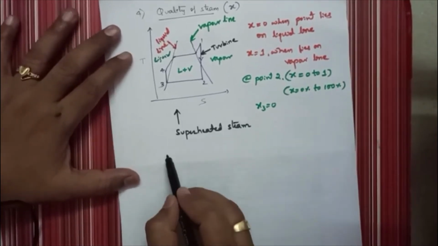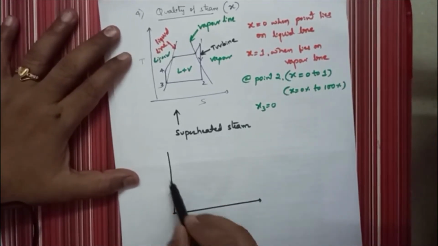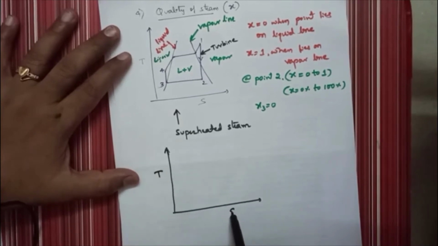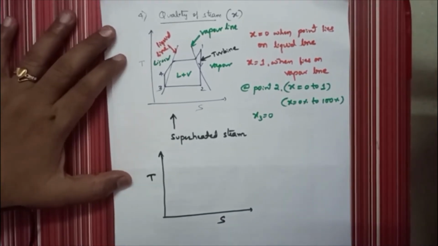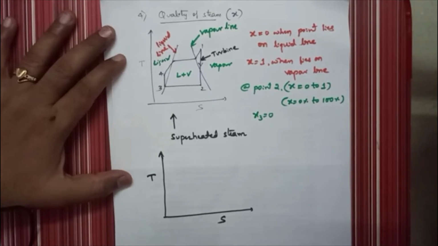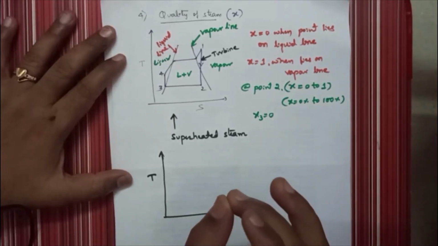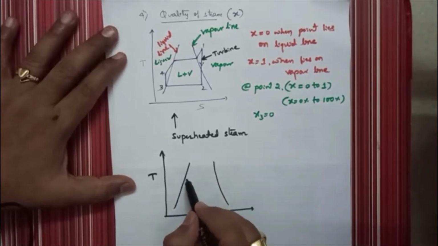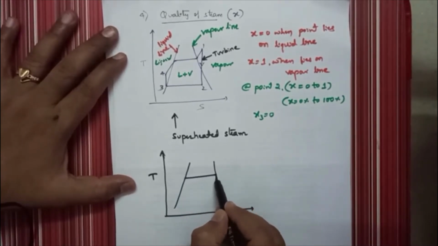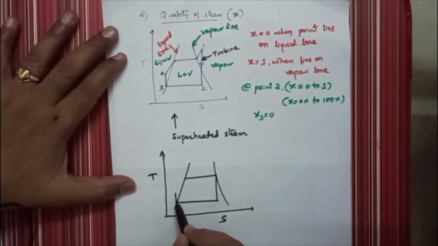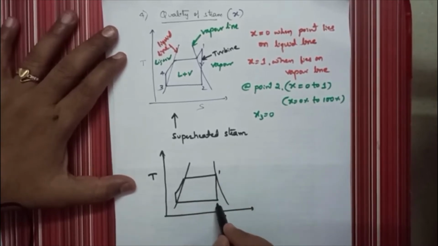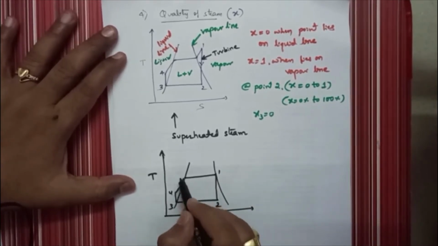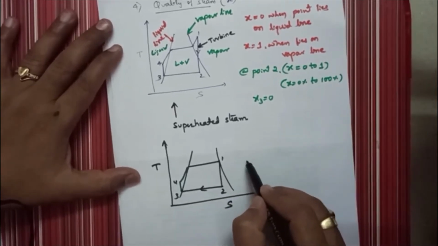Now if I ask you to draw a dry steam, dry is nothing but the X value equal to 1, and the steam entering the turbine is just 100 degrees Celsius steam. So now I will draw one TS diagram. This is the TS diagram of dry steam.